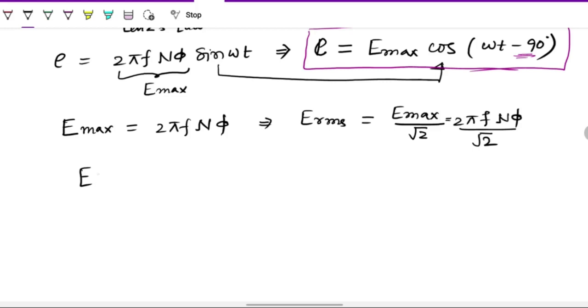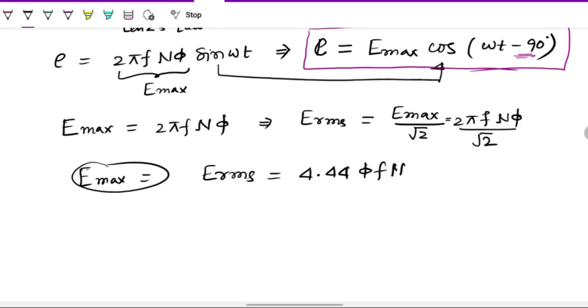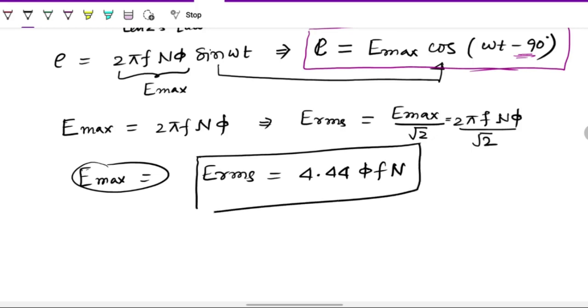On simplifying, E RMS will be equal to 4.44 phi f N, which is the value of RMS voltage generated in the coil for a full pitch concentrated winding.